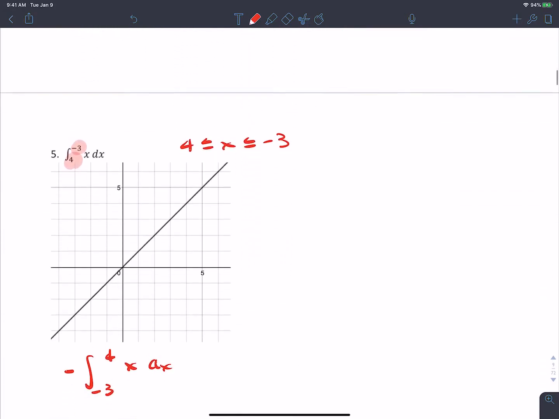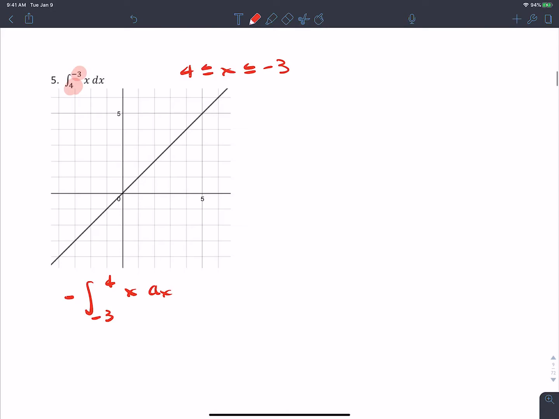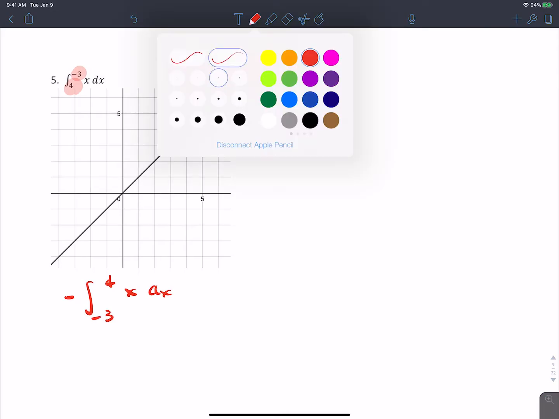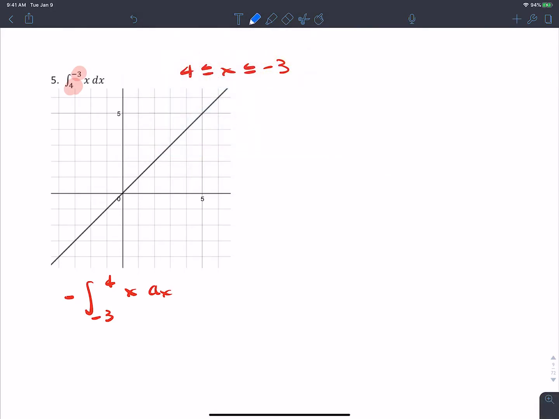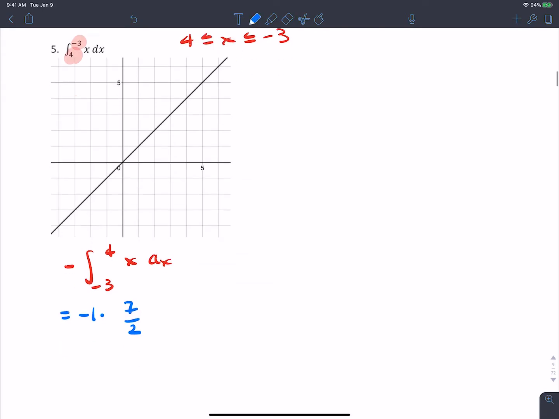But this time you're going to get what? So this will be -1 times that integral, which was 7 over 2. Is that right? So what's your final answer going to be here? -7/2.